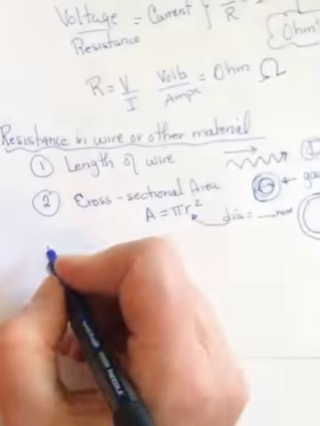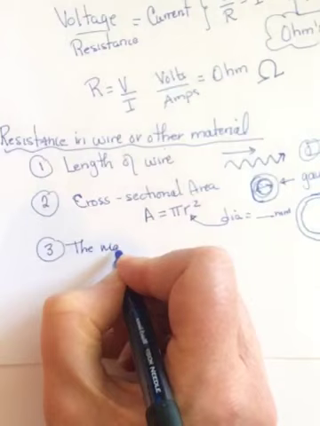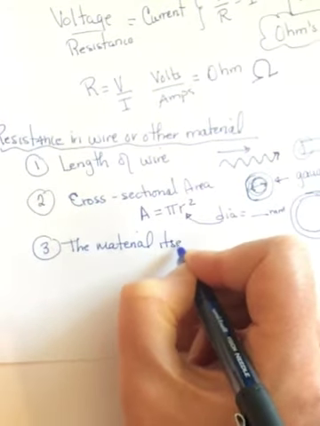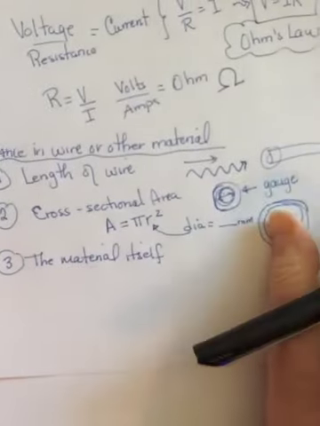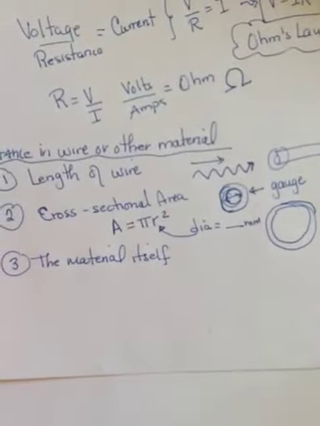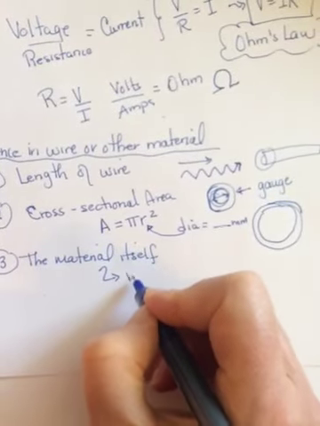There's 4 altogether. Number 3 is the material itself. It kind of goes back to, is it a conductor or an insulator, right? It's connected to how well it holds its electrons or not. This property is called the resistivity.